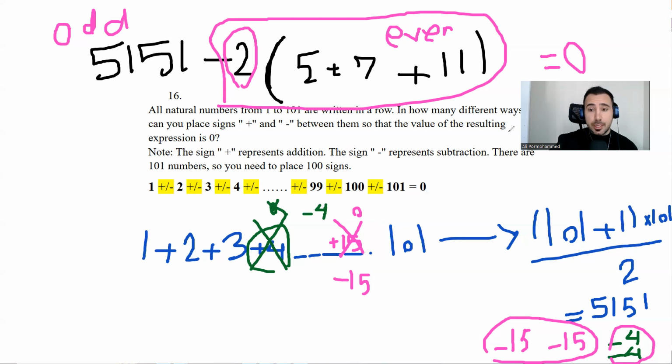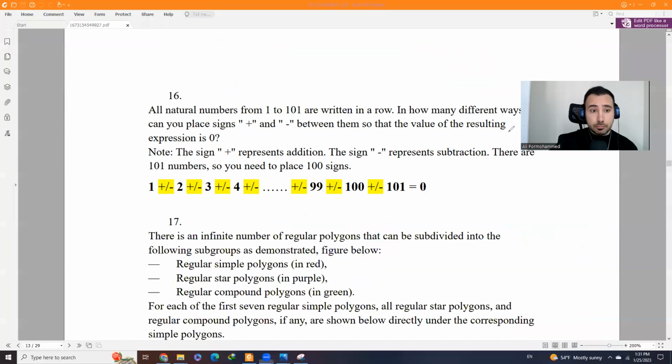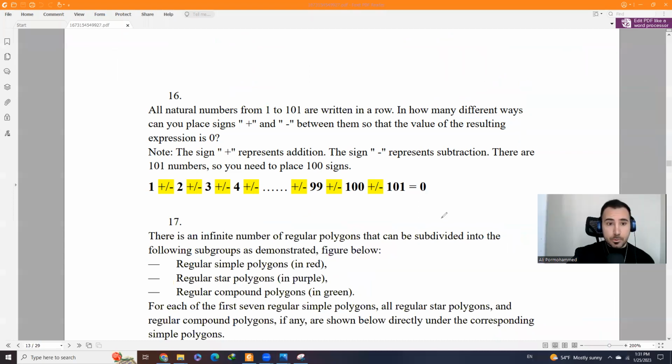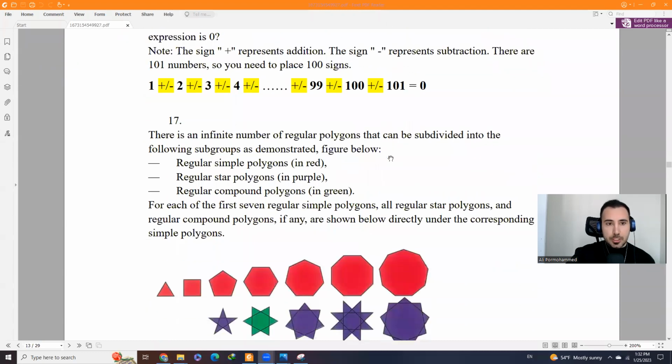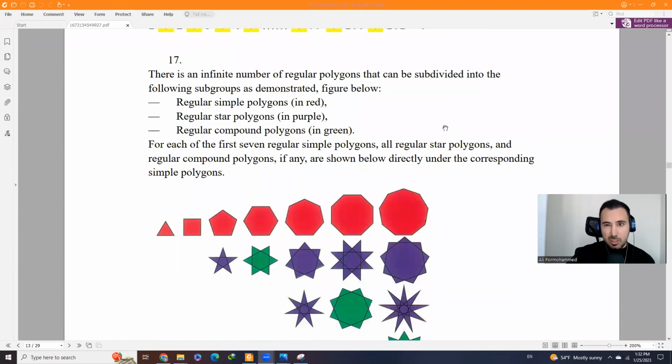Okay, so the answer is no such thing. So in how many different ways can you do this? In 0 ways. Impossible. Okay, that's question 16, which was, I think, a rather challenging question.